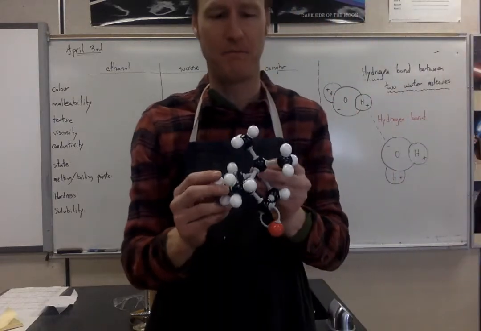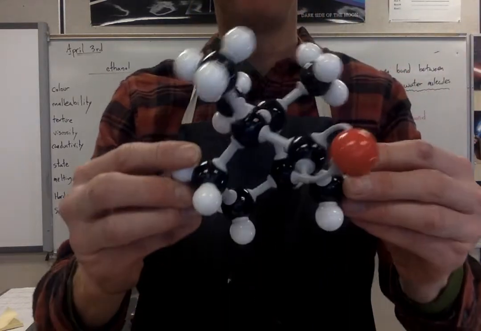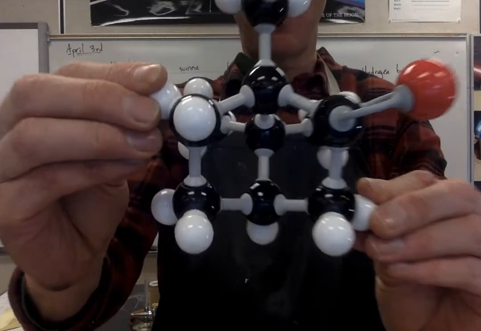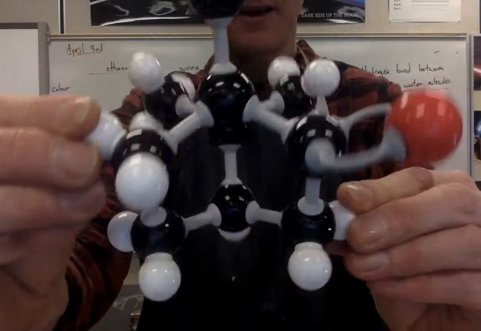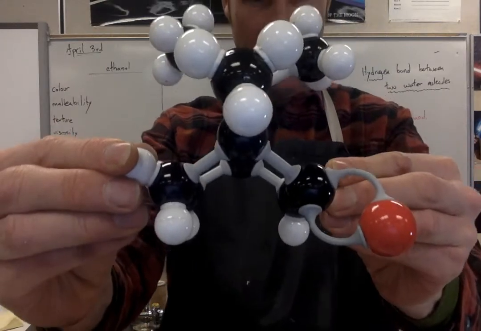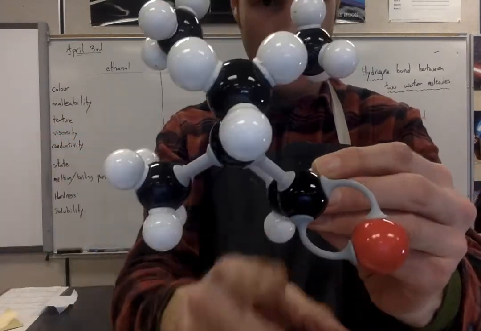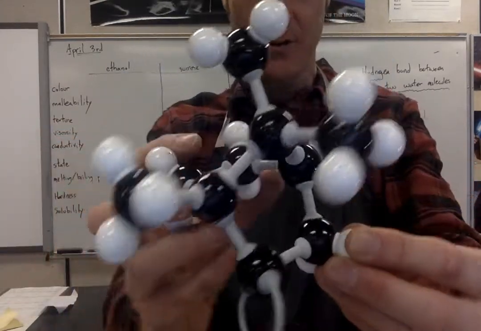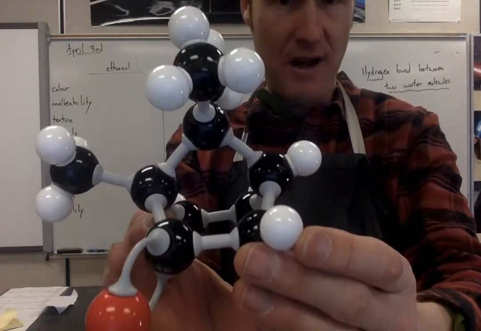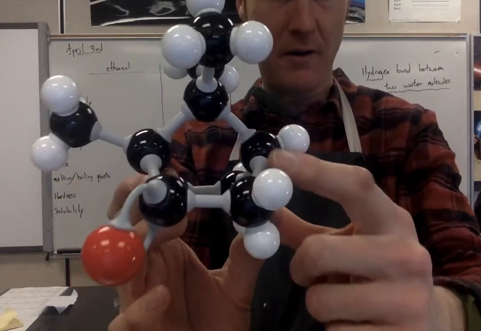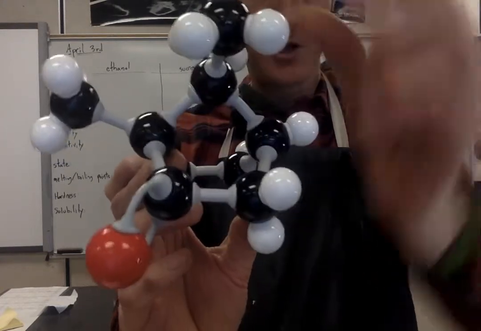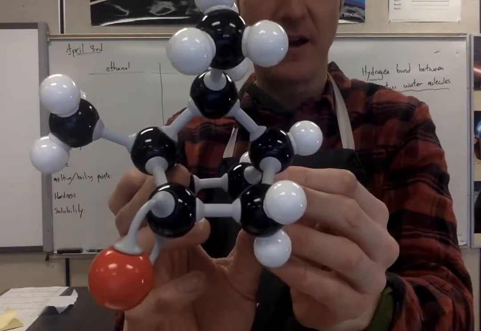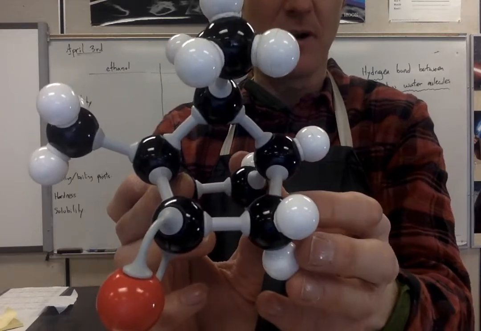I really like this one. This is called camphor. Notice at the bottom here, it's got a ring of 6 in this kind of weird A-frame cabin shape right here. On top of that A-frame, we have a bridge of 1, 2, 3 carbon atoms joining the opposite sides of that 6 carbon ring.